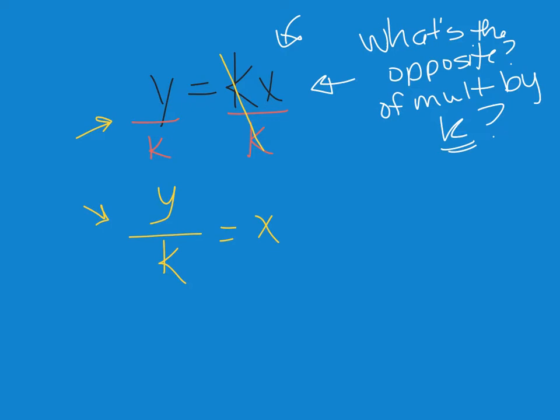Now, just like we did on the previous problem when there was a number, we know that dividing by k is the same as multiplying by 1 over k. So 1 over k times y is equal to x. So we've got three different things here, 1, 2, and 3, that all mean the same exact thing.